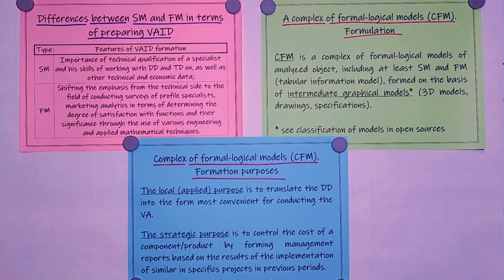The indicated difference in the list of necessary documentation, the composition of the work, and the list of main and auxiliary specialists involved become especially noticeable after compiling and comparing the list of initial data necessary for the formation of structural and functional models.